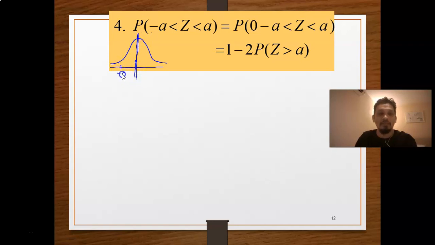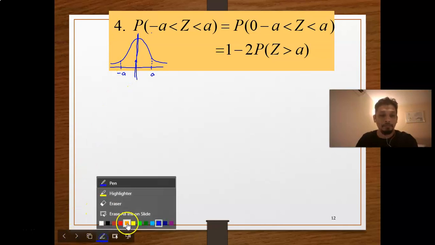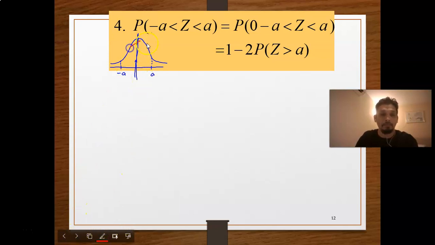So there is a negative A here and also A. Just imagine that half of this is between negative A and 0, and another half is from 0 to A. These two areas on either side of the middle line are equal, right?